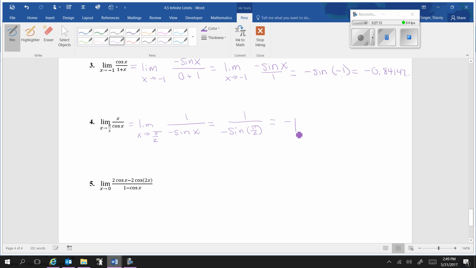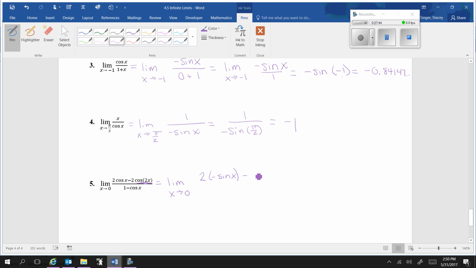This last one's a little bit more tricky because it's a lot more complex function that you're taking the limit of. So if I took my derivative, limit as x approaches 0, the 2 is a coefficient, remember, so that's staying out there. Derivative of cosine is negative sine, minus 2 again is a coefficient, but cosine 2x, you have to use the chain rule.